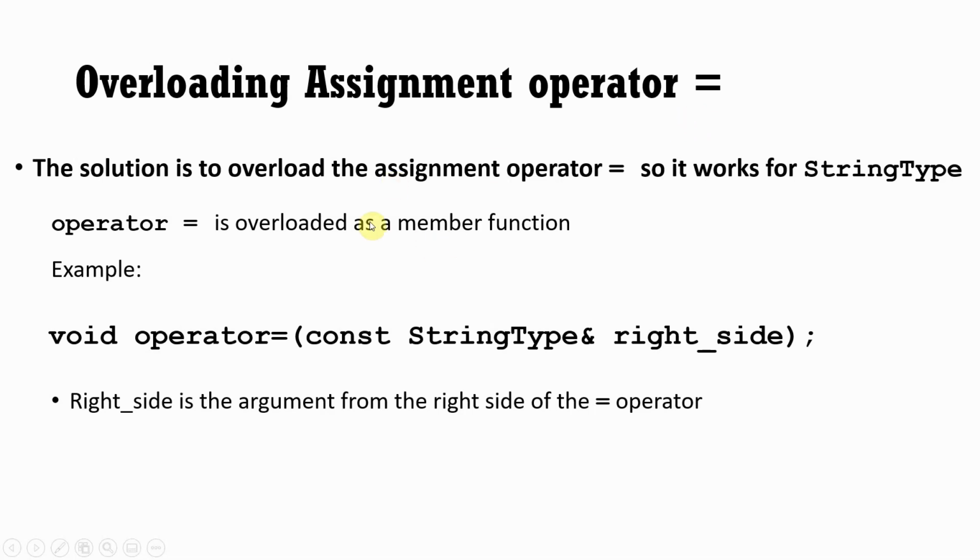Here we have to overload the assignment operator, so let's see how we can overload it. In writing this assignment operator overloading function, we're going to do some trial and error. We're going to go through some buggy implementations, and we try to modify it step by step.